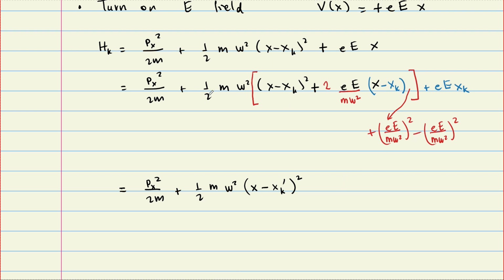So there is 1/2 m omega squared, minus this is going to be minus 1/2 m omega squared times this factor plus xk.